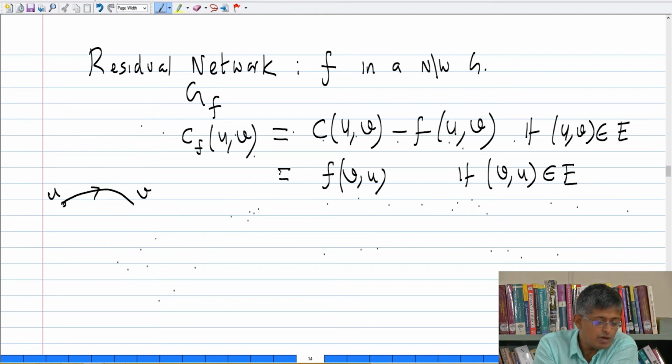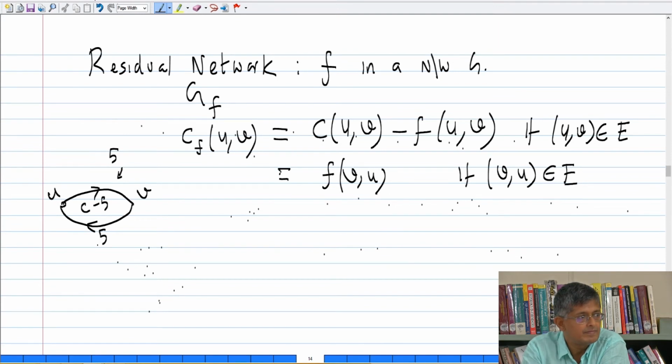So if you allocate a flow value of 5 to this arc, then the residual capacity of this arc is its capacity minus 5. But you also keep track by adding this arc and giving it a capacity of 5. In the residual network, this anti-parallel condition is violated. It stores some very important information: how much flow you have given to u comma v, the capacity of v comma u is given to be that. So this is well defined. It is 0 otherwise.